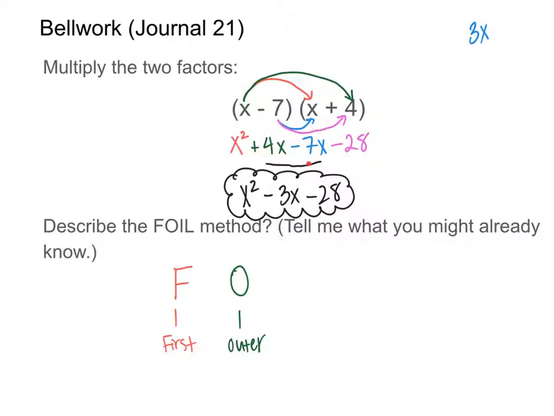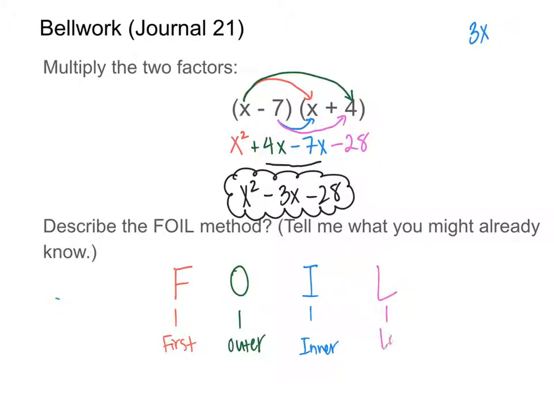Now, the next term here is the inner term, or I. That's because you're taking the inner numbers in the parentheses here and multiplying them and getting the next term here.